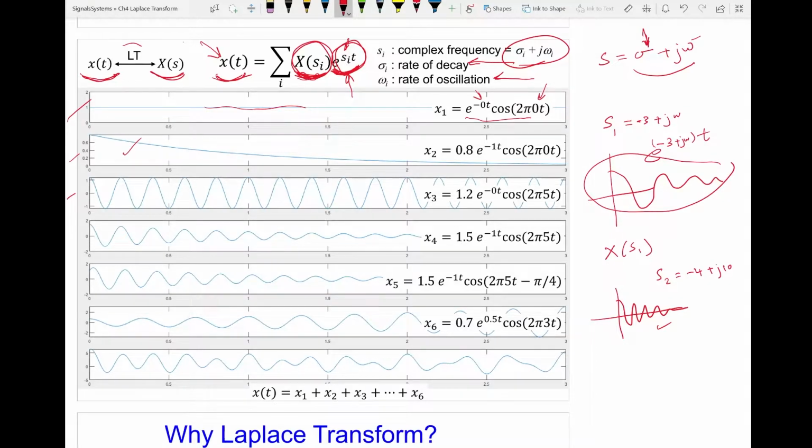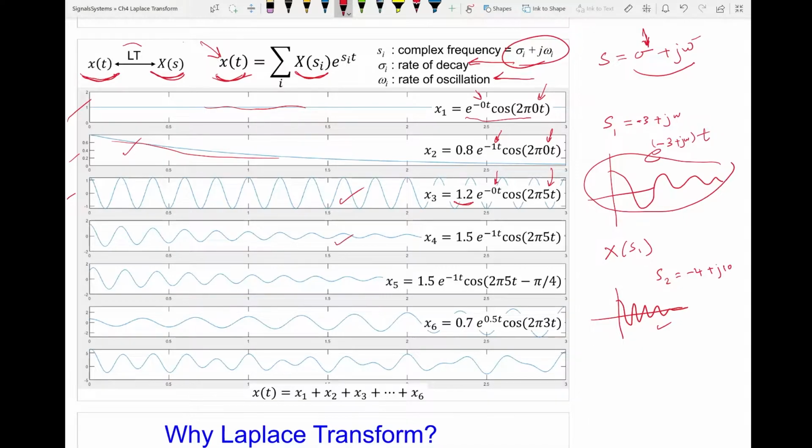Now this signal here has a decay rate sigma of minus 1, but no oscillation. Omega is 0, so you just get this decaying line. If you look at this signal, you can think of it as sigma is 0, no decay, but omega is 5, oscillation, and the strength is 1.2, which is this one, the strength of it.